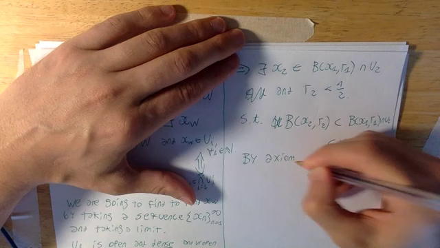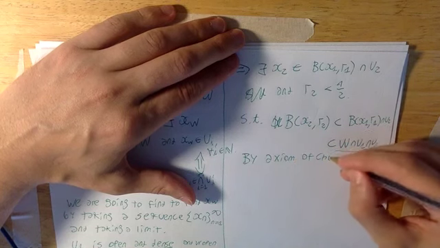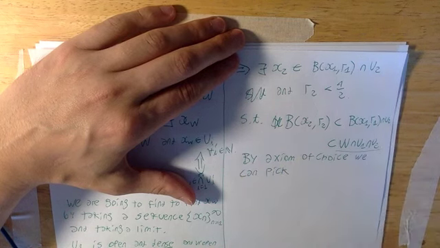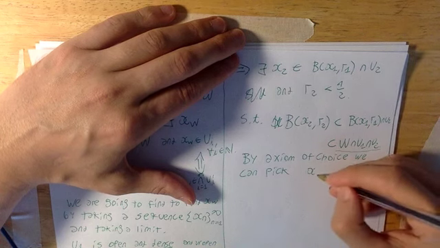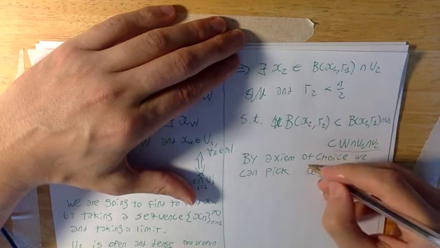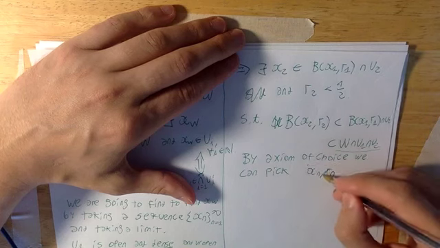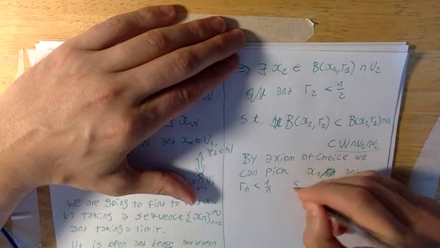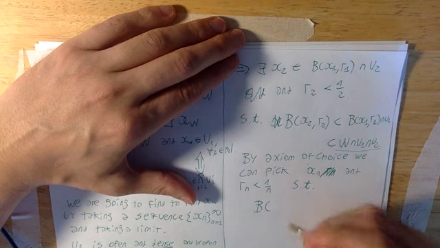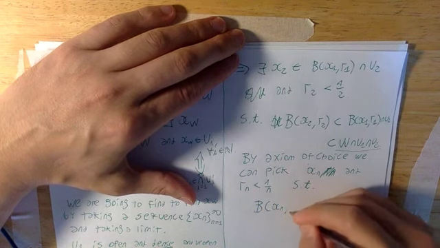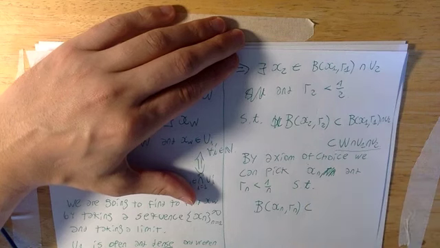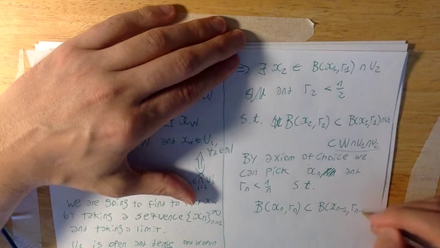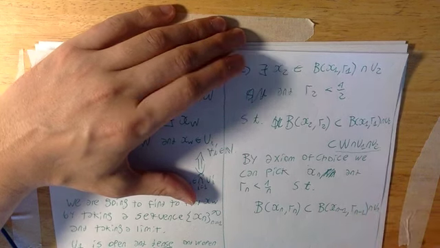So by axiom of choice, we can pick xn and Rn less than 1/n, such that the ball of xn Rn is always contained in B of xn minus 1 Rn minus 1 intersection Un.